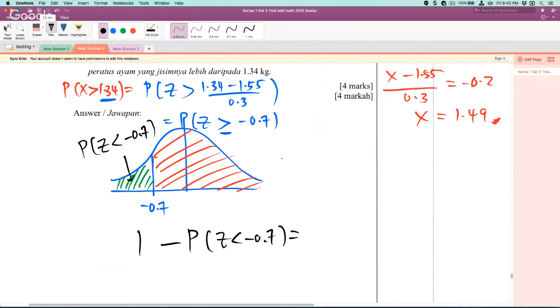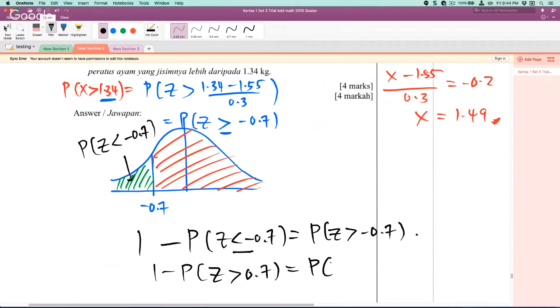this one: probability z is bigger than negative 0.7. Okay, I have said many times, whenever you see less and negative together, you can change this one to bigger. So you change it to bigger than 0.7, then it's equal to this thing, negative 0.7.